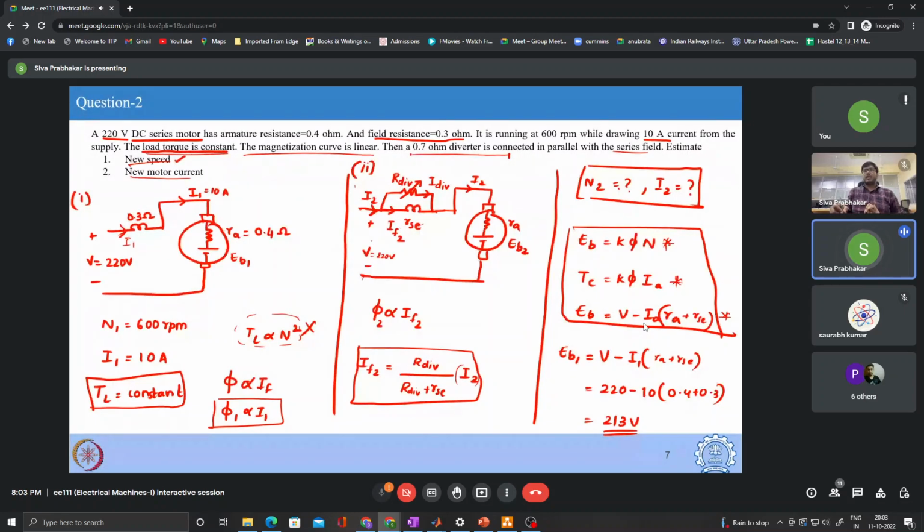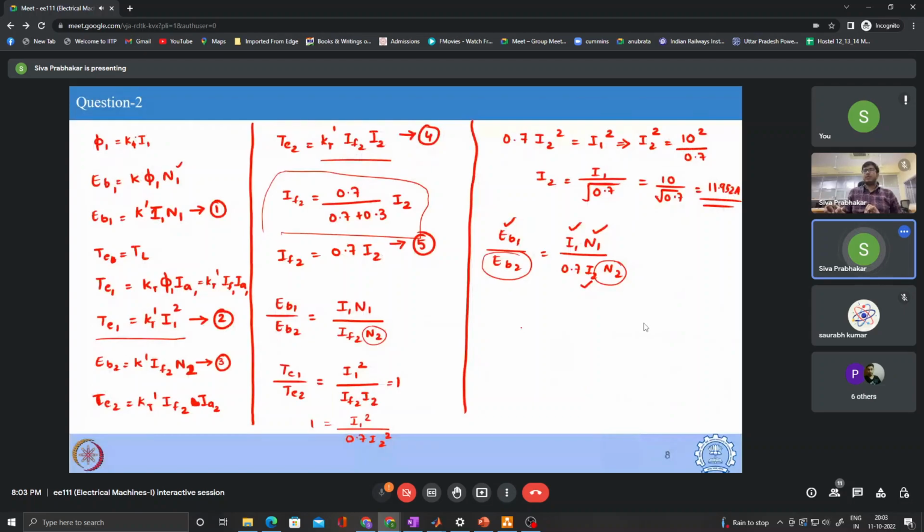Now you can apply KCL in this particular branch to find EB2. So if you apply KCL in this branch, let me draw that branch only.